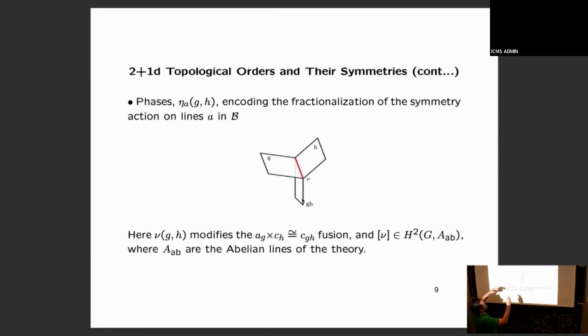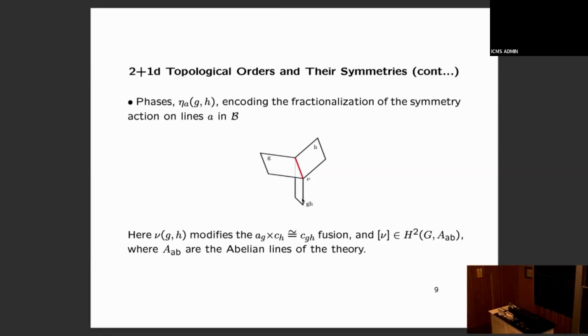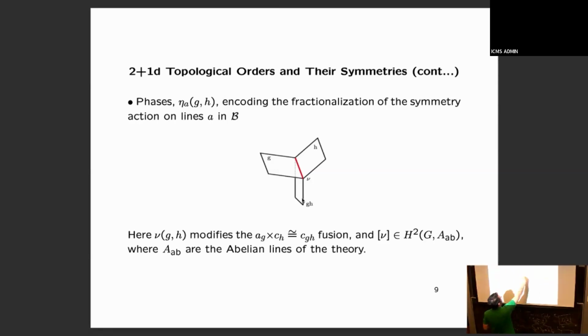And this gives me a fractionalization in the sense that if I imagine sitting behind this projector another line, say A, I can imagine dragging this junction above or below that line, and that'll give me an action of the surface and the junction in particular on the line.